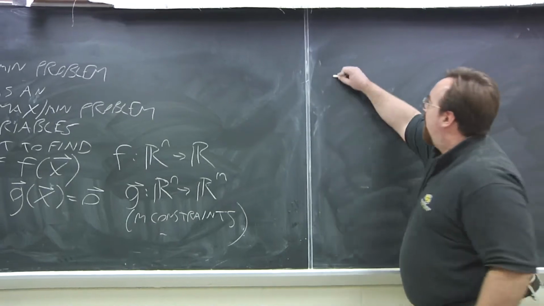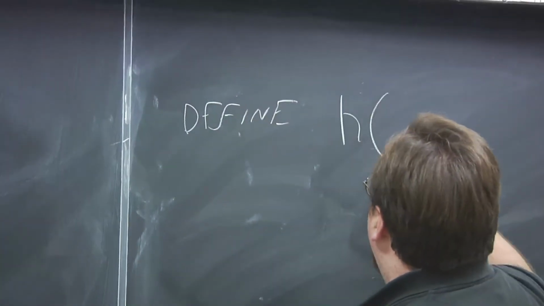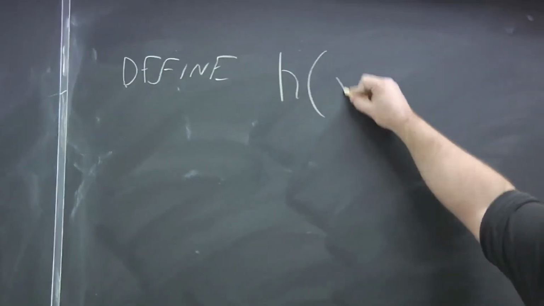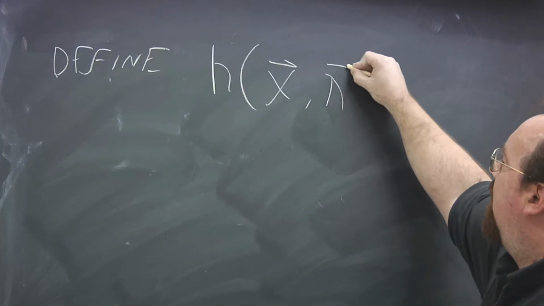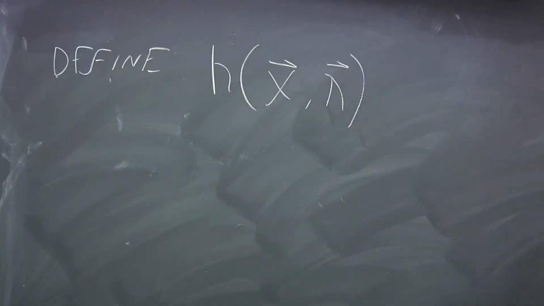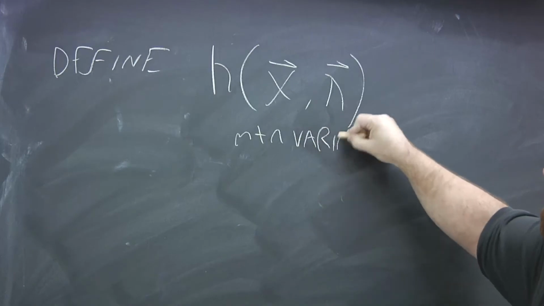max-min problem. So we define a function h, and it's a function of x and lambda. So it's a function of m plus n variables.